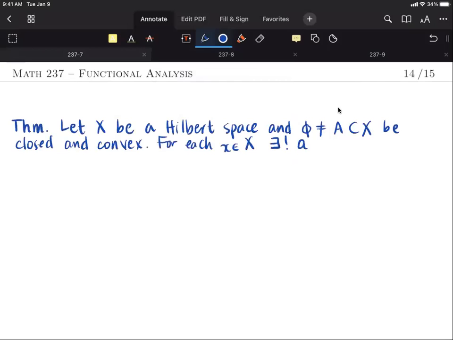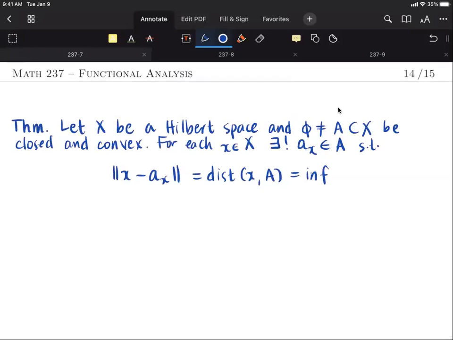This might depend on x, so let us emphasize that with a subscript. So there is a unique element, A sub x, in the closed and convex set A such that the distance between the point x and A_x is also the distance of the point x to the set A.